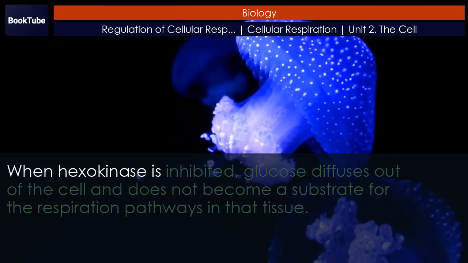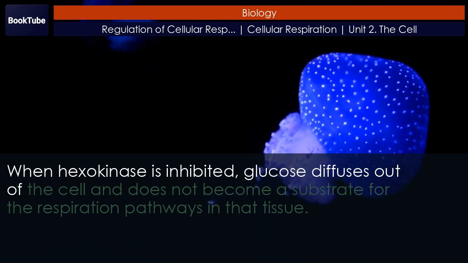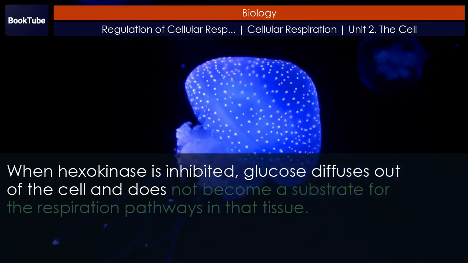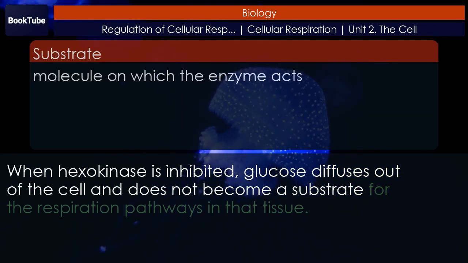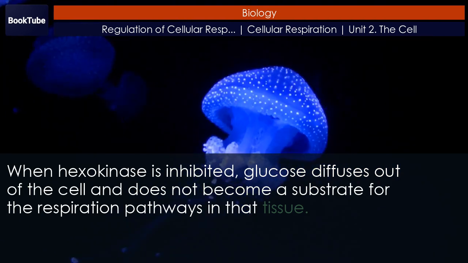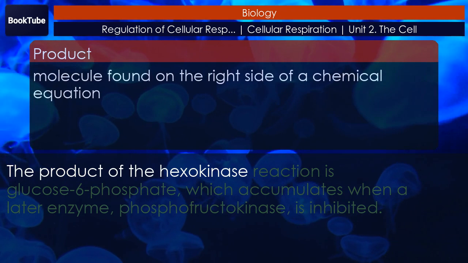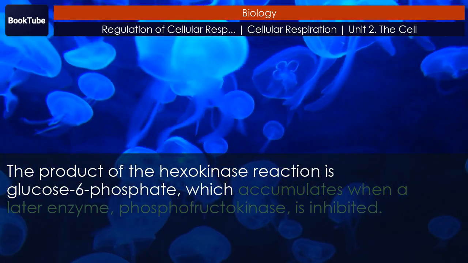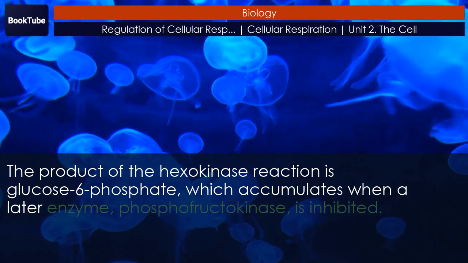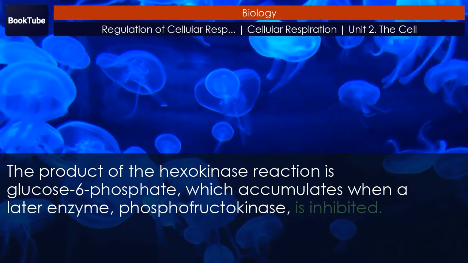When hexokinase is inhibited, glucose diffuses out of the cell and does not become a substrate for the respiration pathways in that tissue.